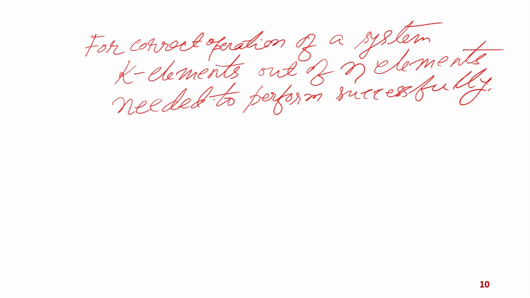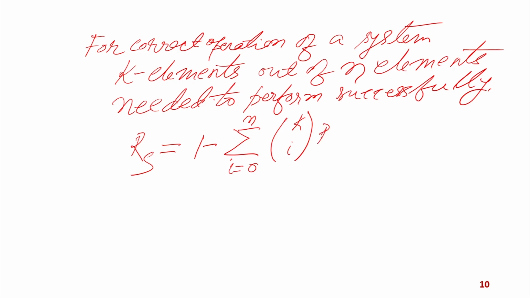So, here we will use the binomial theorem. I will write first and then explain. So, I can write this as 1 minus, so it will be R of I, and it is 1 minus R of k I.